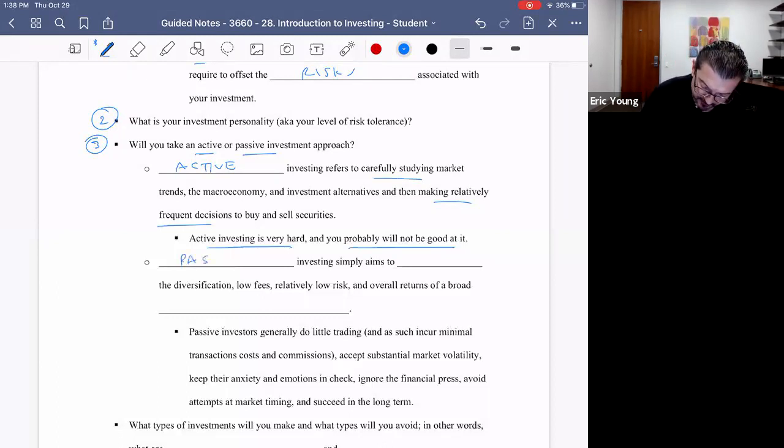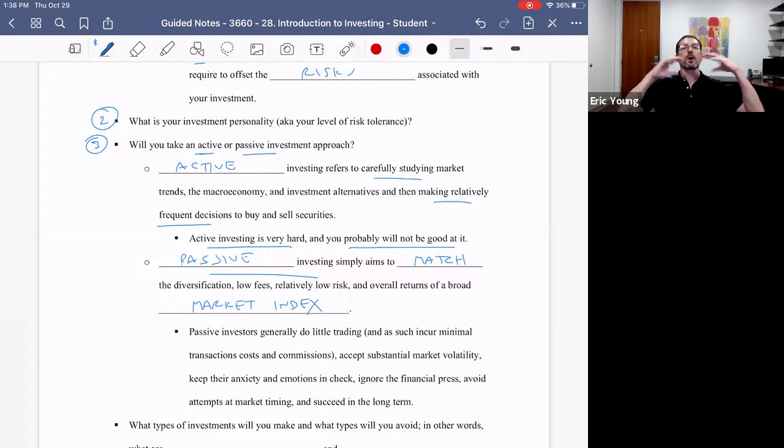What's the alternative? Well, the beauty of passive investing. Passive investing simply aims to match the diversification, the low fees, the relatively low risk, and the overall returns of what we call a broad market index. In other words, passive investors are simply betting, investing on the growth of the economy as a whole.